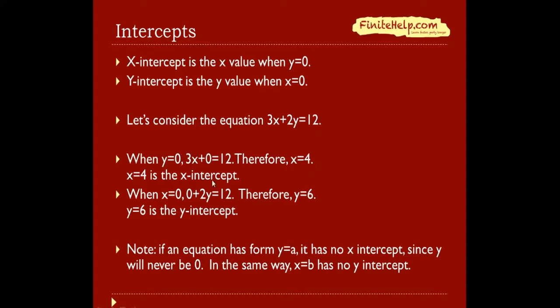In the same way, we find the y-intercept by putting in x equals 0. So we have 0 plus 2y equals 12, and y equals 6. So y equals 6 is the y-intercept. Note that if the equation has the form y equals a, then it has no x-intercept, because y will never be 0. In the same way, x equals b has no y-intercept.